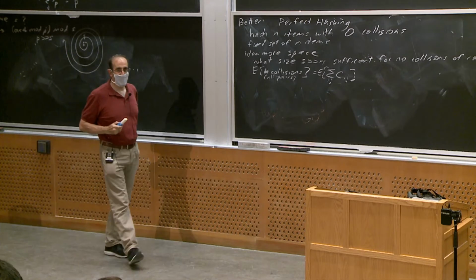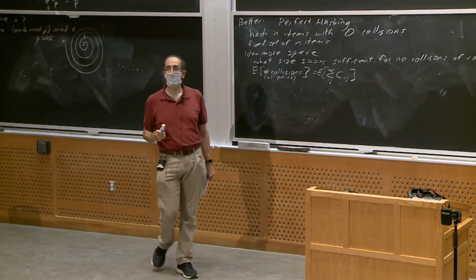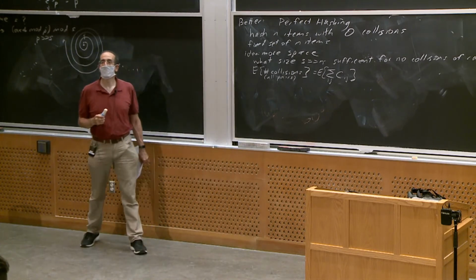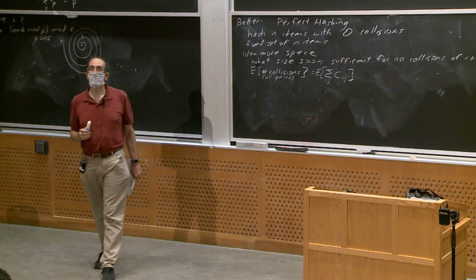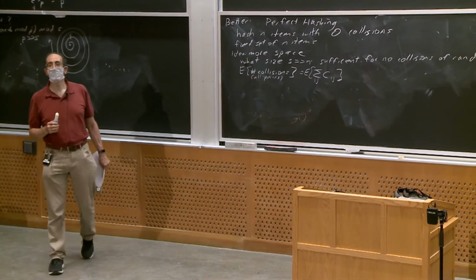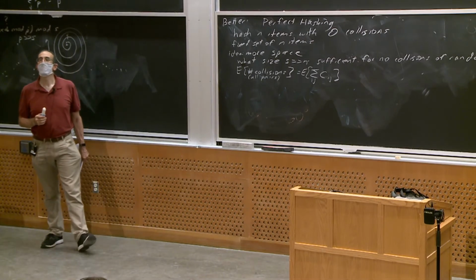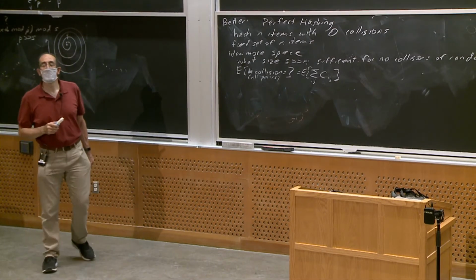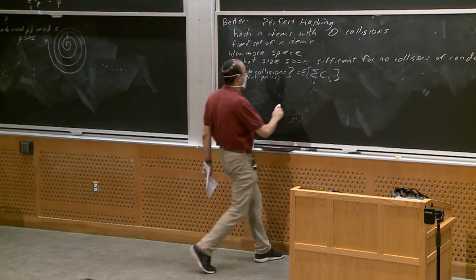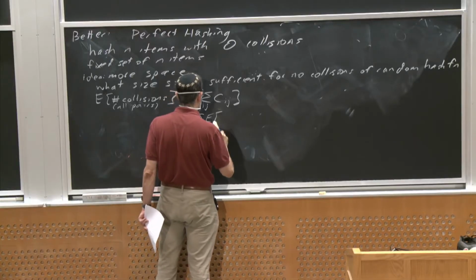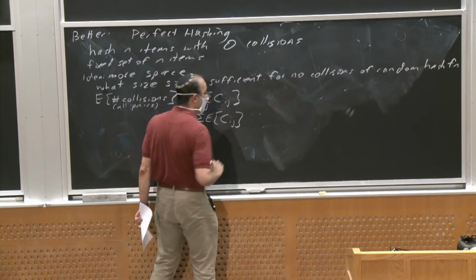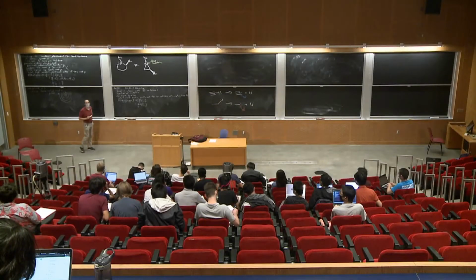And how do we evaluate that? Linearity of expectation, absolutely. Sum over i,j of the expected value of C_ij. Now what?